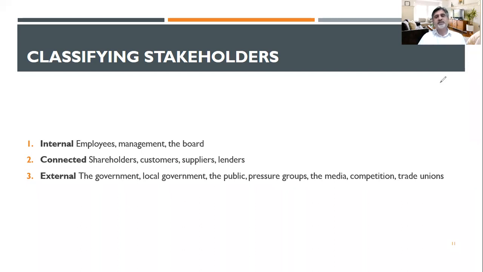And stakeholders might have conflicting objectives. For example, employees say we need higher salaries. Customers say we need better quality. Shareholders say that we need more dividends or more profits. And sometimes these objectives are in conflict with each other.